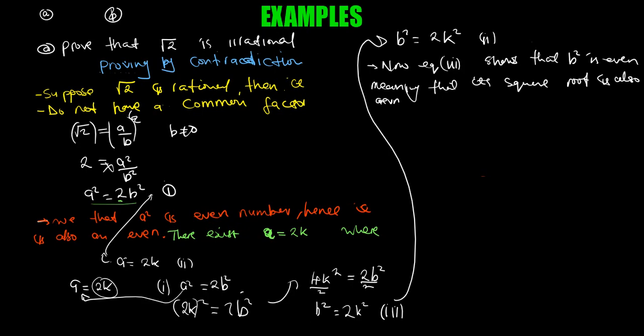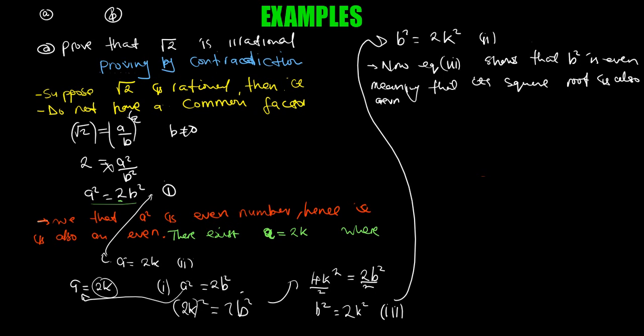We have now seen that equation 3 is also applying to equation 1 at this point. So we are now concluding. It means that a and b have a common factor, because we saw that 2 was common and could be divided throughout. You get the point?